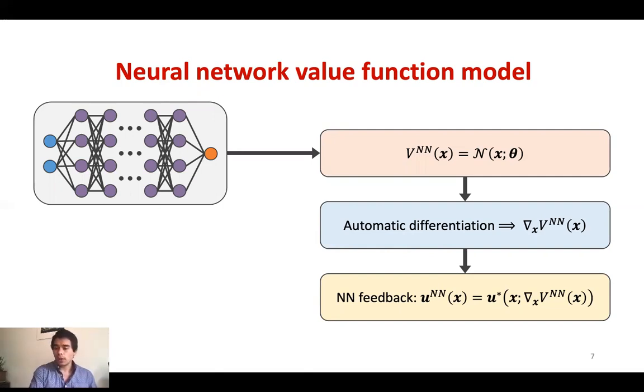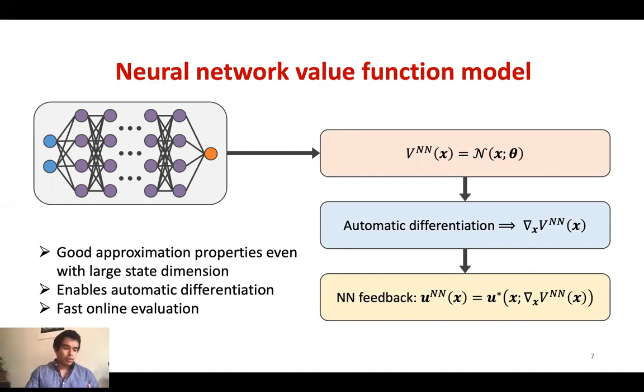One of the nice things about a neural network is you have automatic differentiation that gets you the gradient of the value function, and you can plug that into your optimal control in place of the actual gradient, which you don't know. And from there, you are able to get your neural network feedback control, which approximates your optimal one.